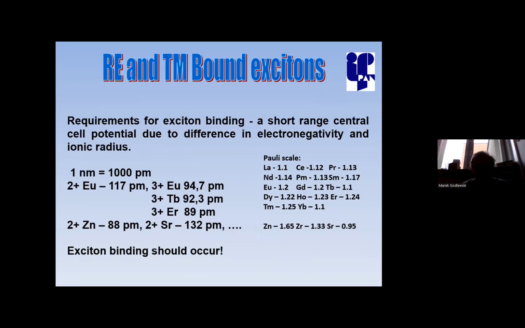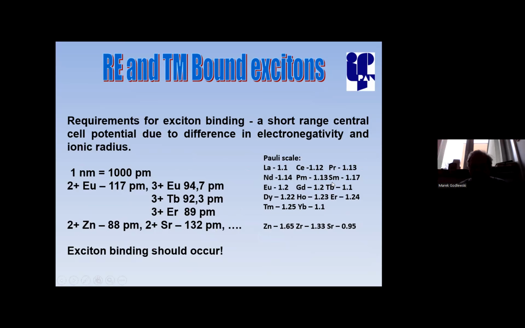So if we look at the radii of different rare earth ions and compare them, for example, if they go into zinc oxide, we can expect for some of them at least that strain will be built in. And if we put them into strontium sulfide, the differences in radii are pretty large.